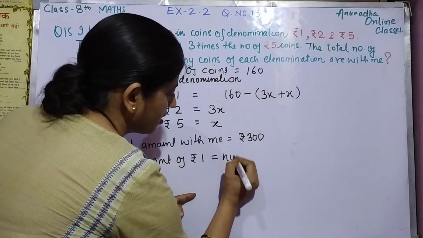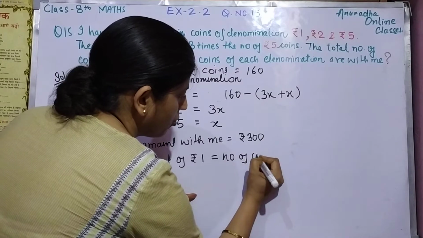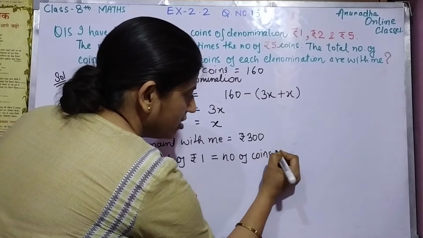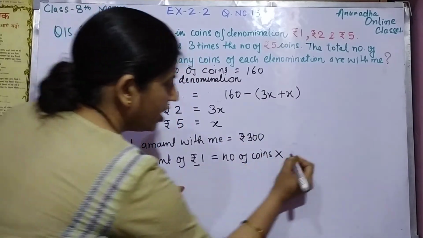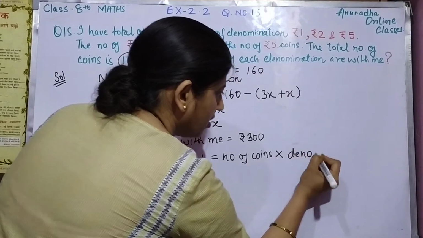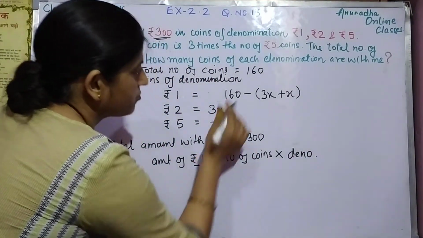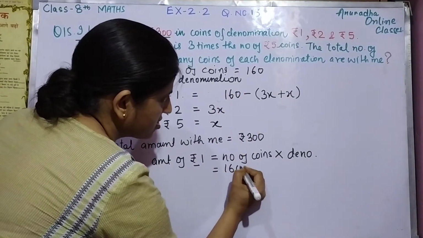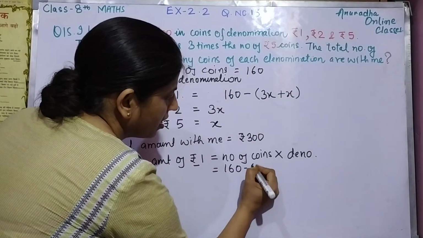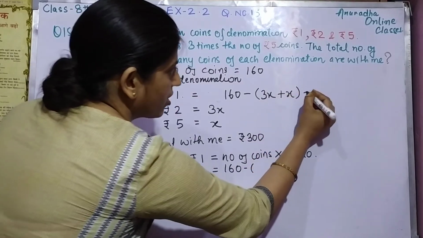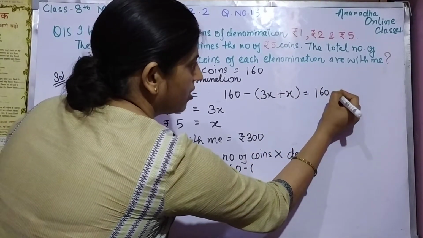You can write it in this way: number of coins into denomination. Right children? Now see, the number of coins is 160 minus 3x plus x, you can simplify it here only.